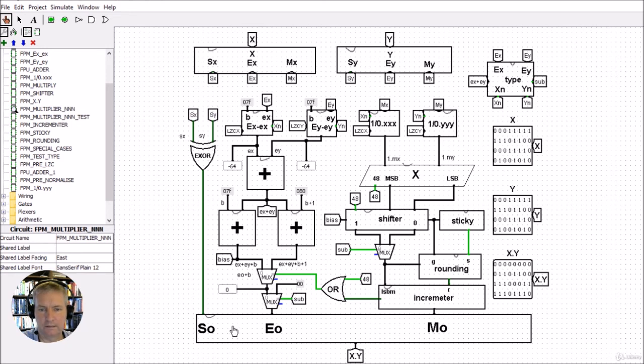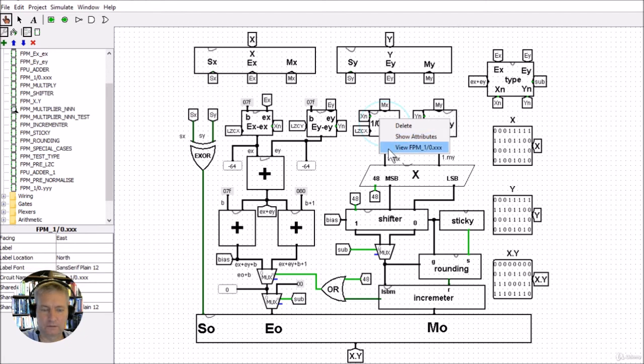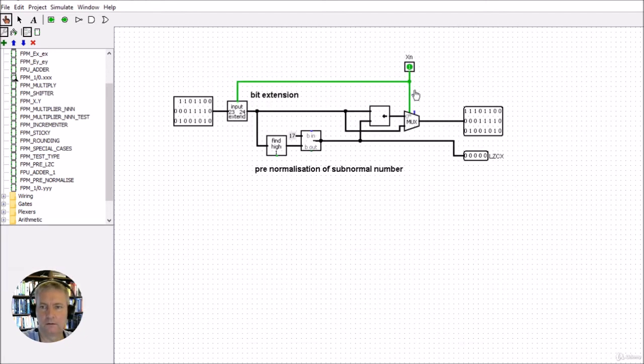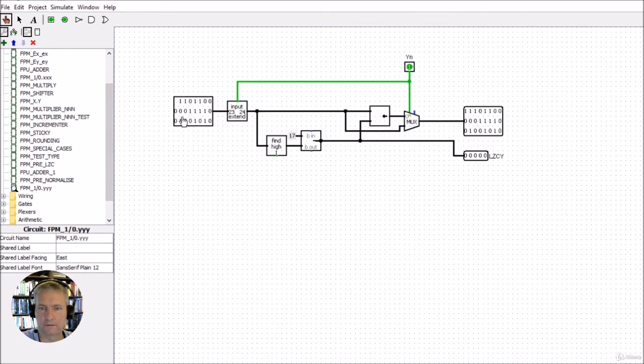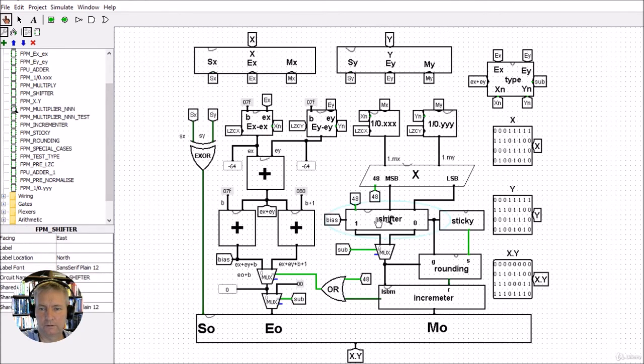We get our sign bit here, and the value here for our bias, which we've worked out, goes into the shifting section. So if we head up to the mantissa section, we're going to have a normal value here, so it just passes through this route, down through and out, and the very same for the y value, passes along this route, down through here, and then out through there, and the final output here down into the shifter.